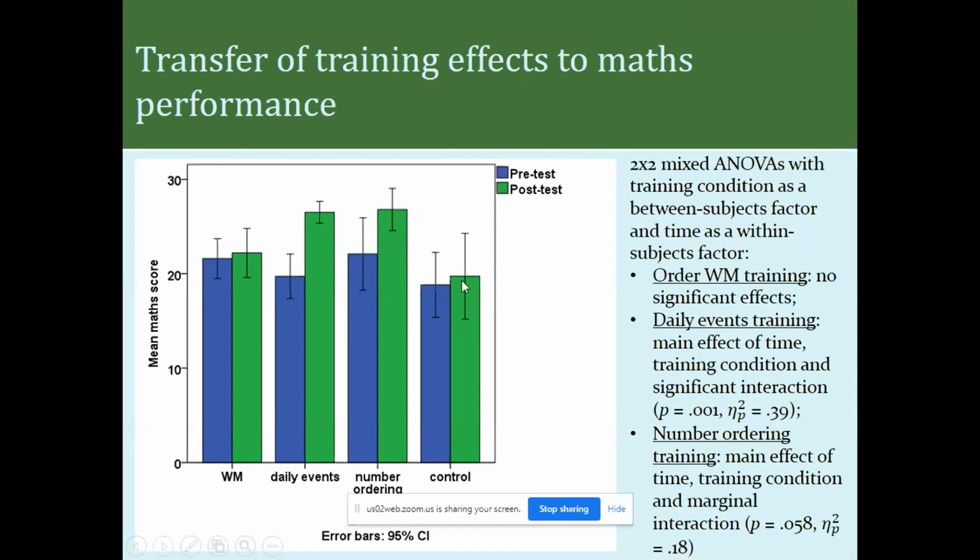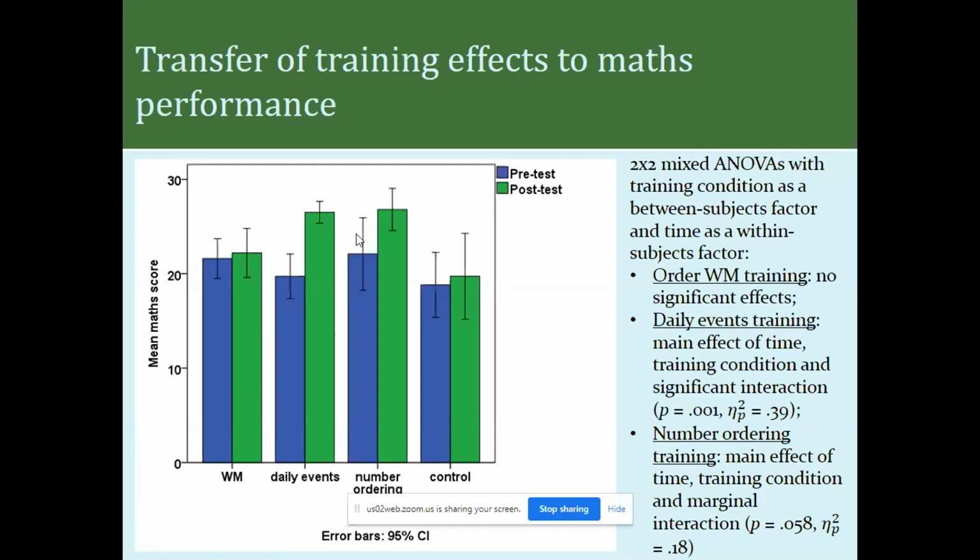And when we actually contrast each main training condition with the control condition, there was no evidence of any difference in training effects between the working memory and the control condition. For the daily events training, there was a significant interaction.